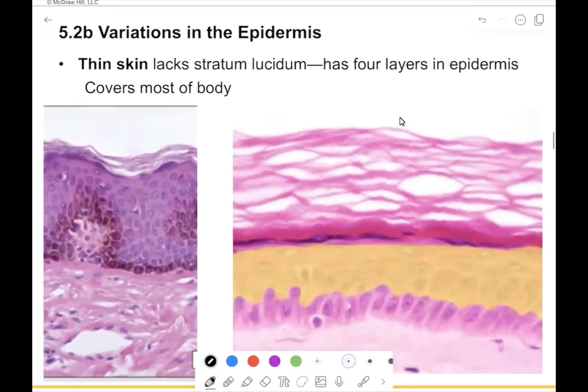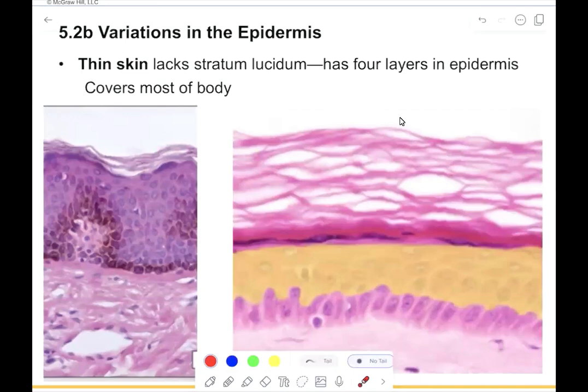So there certainly are variations in the epidermis. Thin skin lacks the stratum lucidum, has only 4 layers in the epidermis, and covers most of the body. This is going to be the stratum corneum.